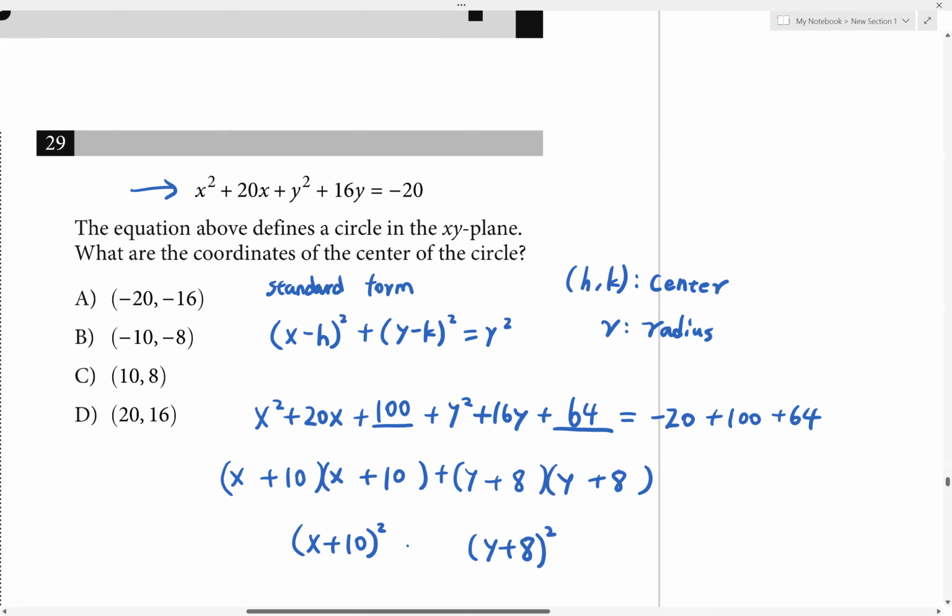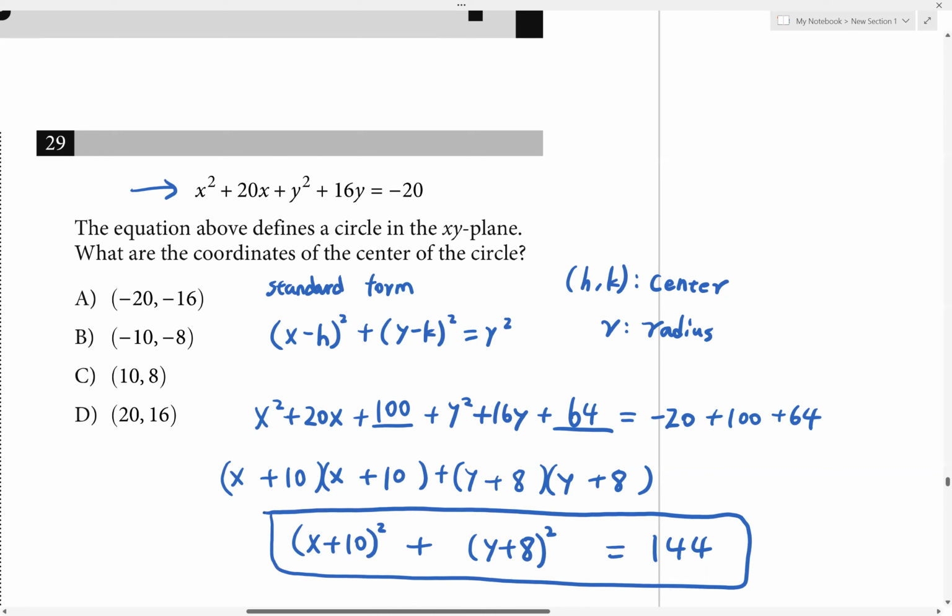And then these are added together, and what is it equal to? On the right side, -20 plus 100 is 80, plus 64 is 144. So you get 144, and you see this here is the standard form of the equation of a circle. It matches with the standard form that we talked about.